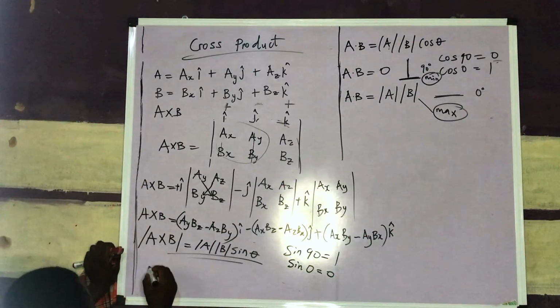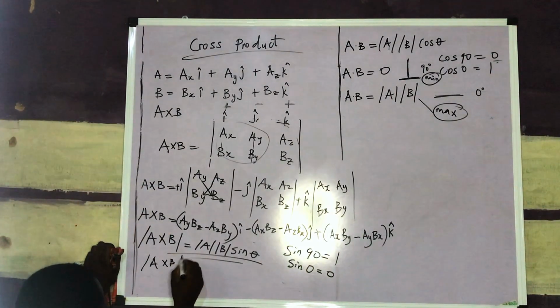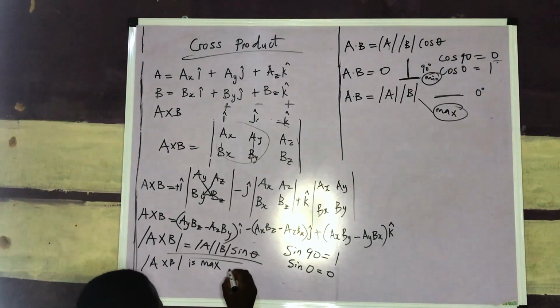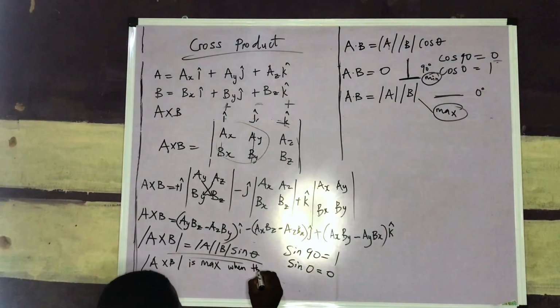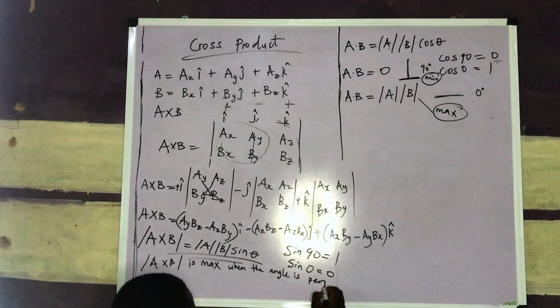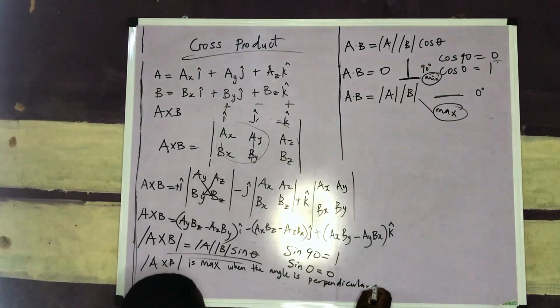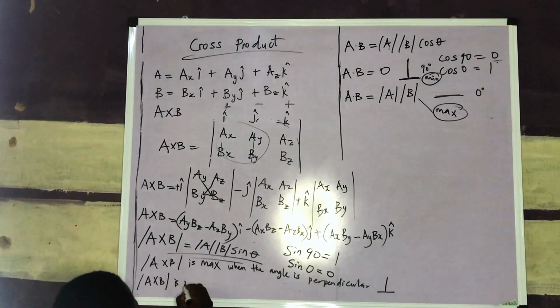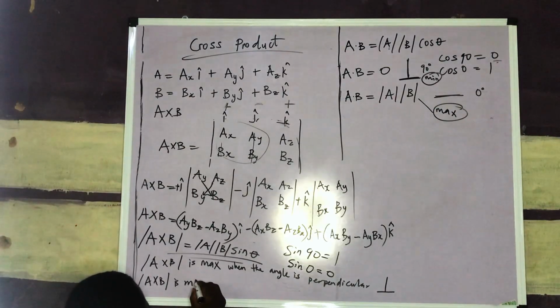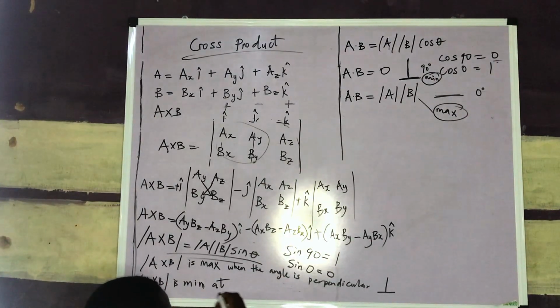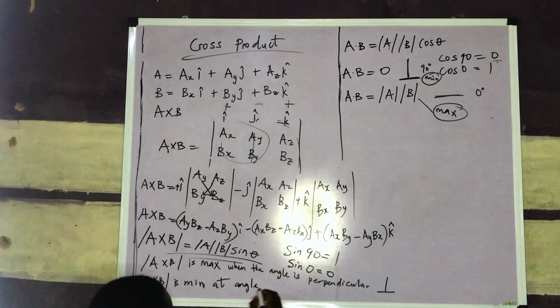So the magnitude of A cross B is max when the angle is perpendicular, that's at angle 90, while A cross B is minimum at an angle of 0 degrees.